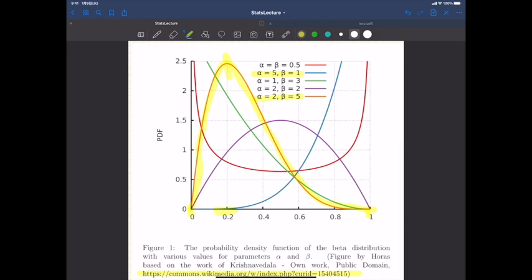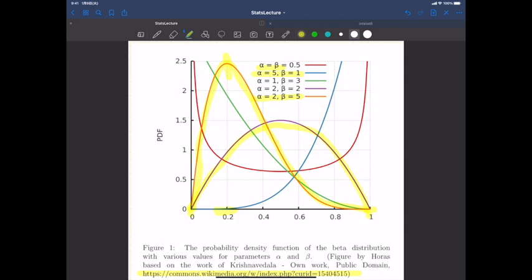So this beta distribution is very handy if you want to model something that takes values between 0 and 1. By adjusting the values of alpha and beta, you can model many types of distributions.